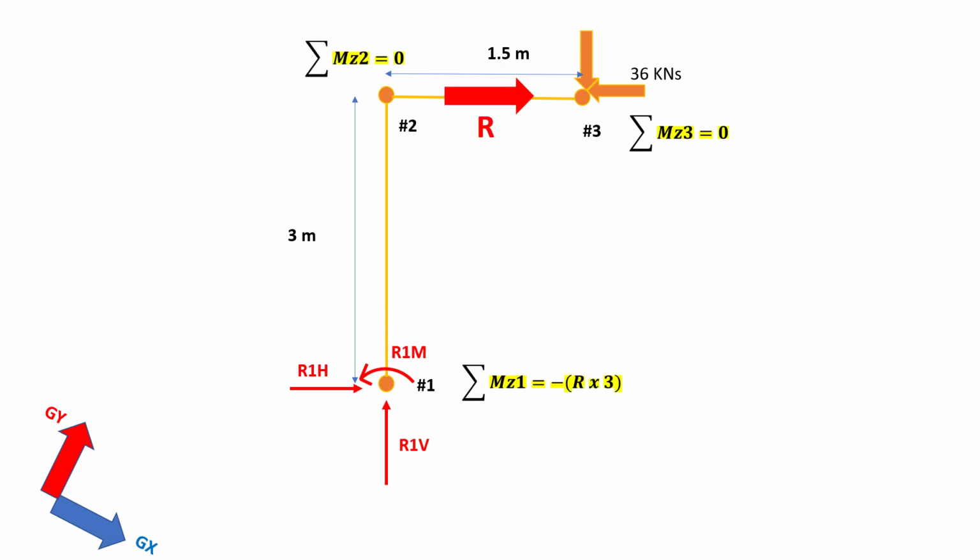The other possibility is that the reaction acts through node 2 and node 3. In that case, we will get summation of Mz about node 2 as 0 and summation of Mz about node 3 as 0, but we won't get the summation of moments about node number 1 to be 0 because the resultant would act at a distance from node number 1.